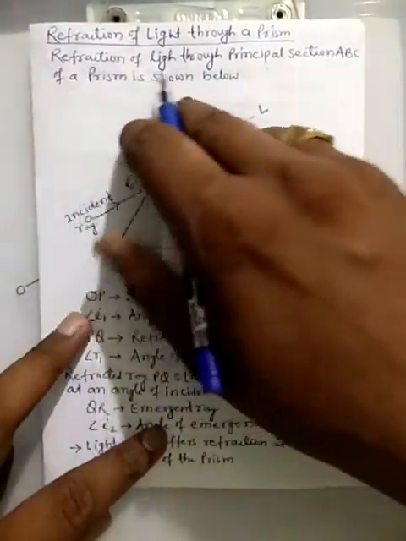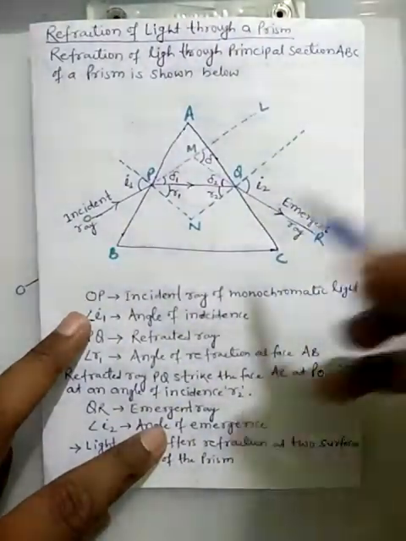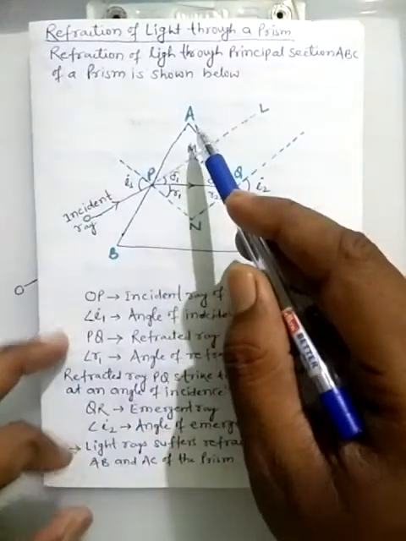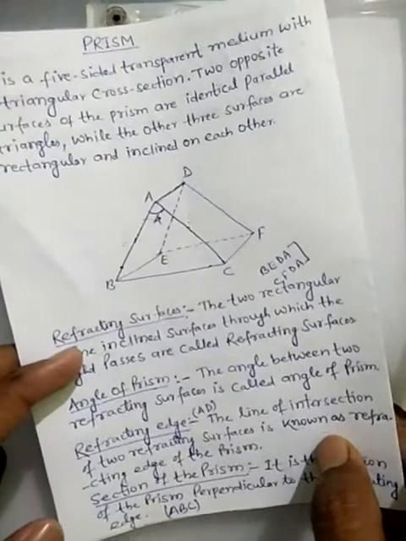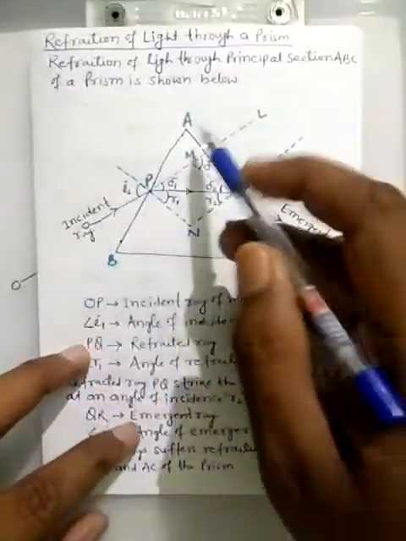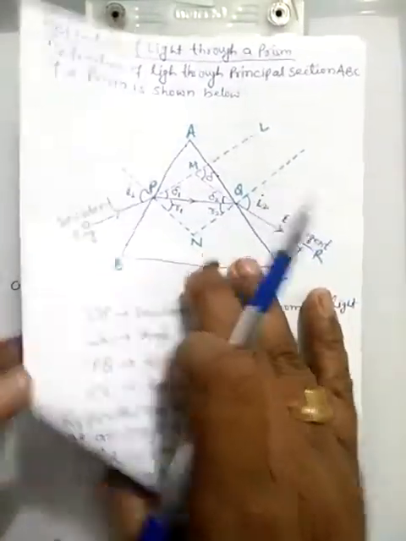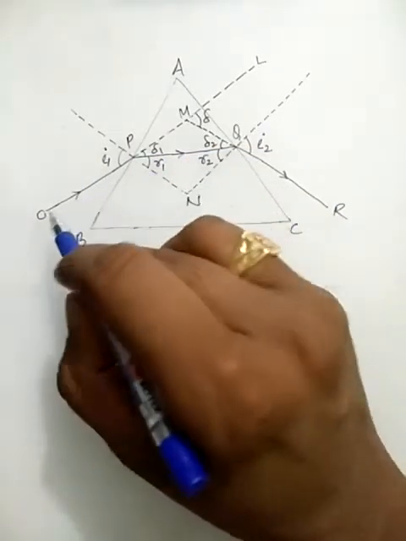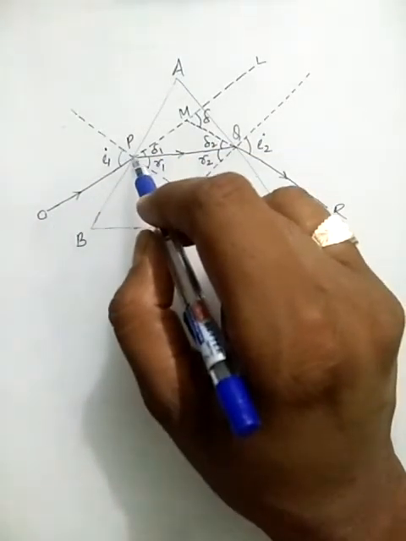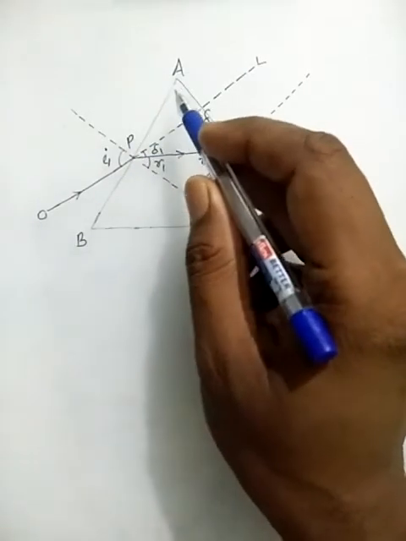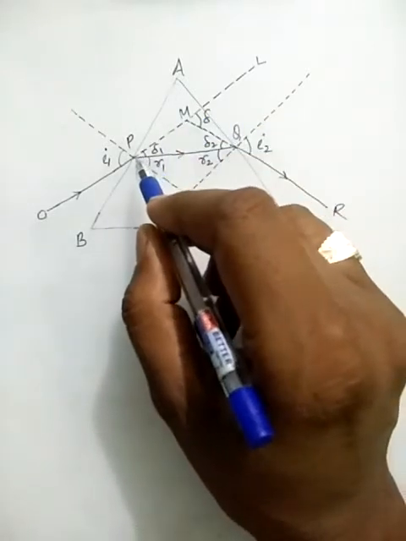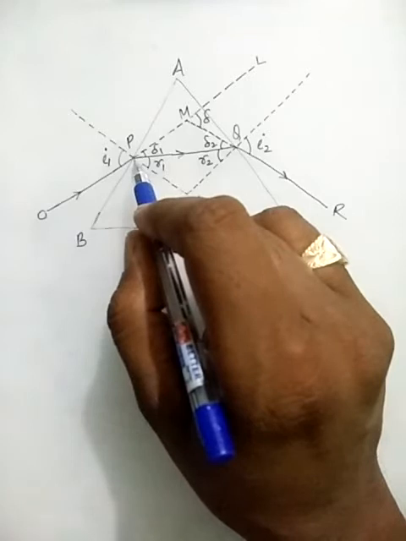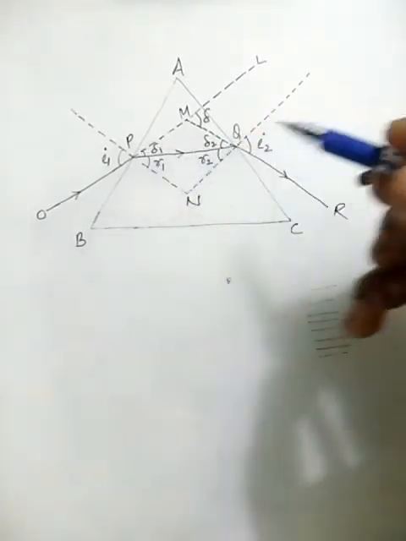Now we have to understand the refraction of light through a prism. Refraction of light through the principal section ABC of a prism is shown below. This is the principal plane or principal section of the prism. Here OP is the incident ray which is refracted at the face AB at point P, and the refracted ray is represented by PQ.